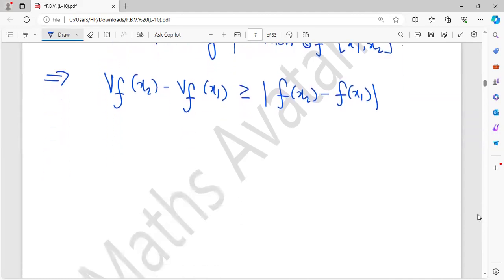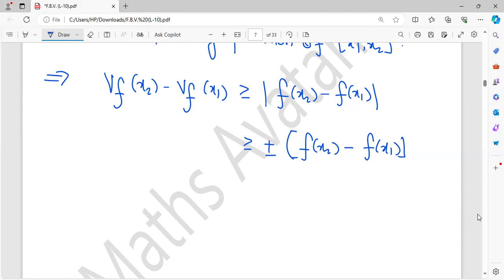But we know that when we have an absolute value, then it will be plus or minus of f(x2) minus f(x1), because plus or minus of any number is always less than or equal to the absolute value of that number.